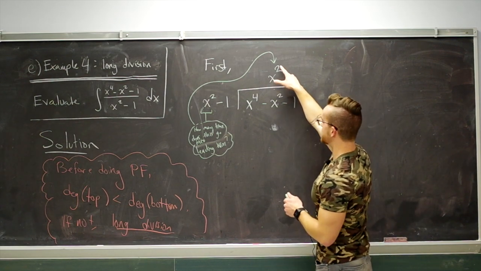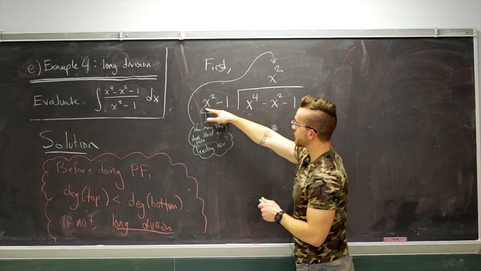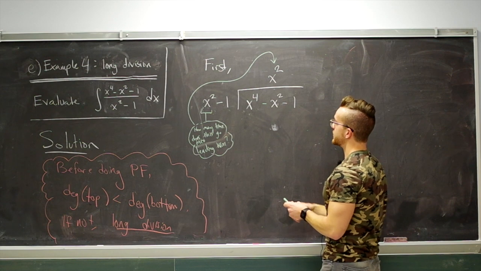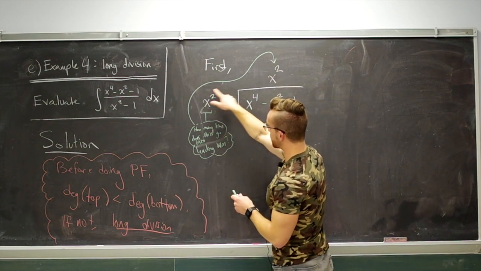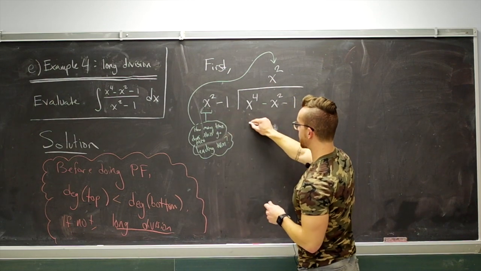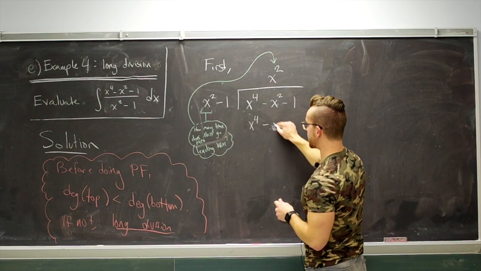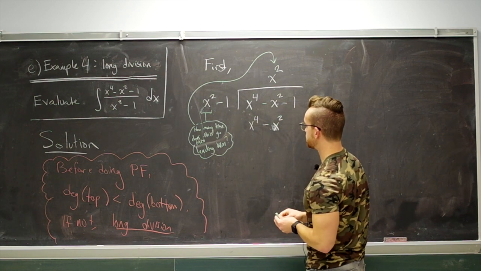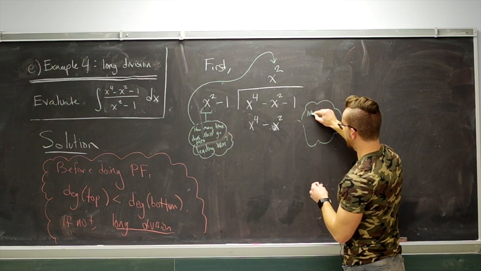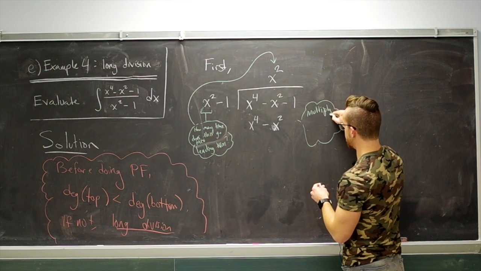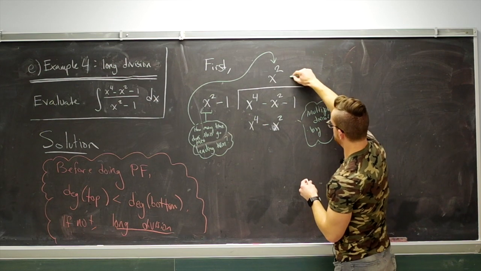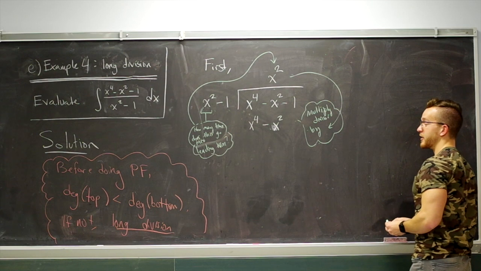After you've answered that question, you take whatever you get here and multiply the divisor. So I'll multiply x squared through this term and then write that here. X squared times x squared is x to the fourth minus x squared. So this step came from multiplying the divisor by whatever you got there.